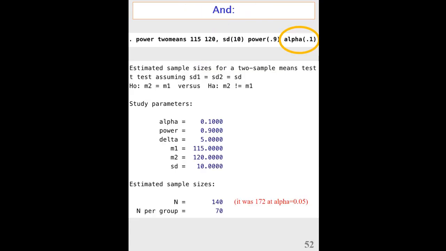Also, if you are a bit more lenient, let's try an alpha of 10%. Don't, but if for some reason somebody would suggest this, then you'll see that the sample size goes down. Also for obvious reasons. But easiest is forget about this.